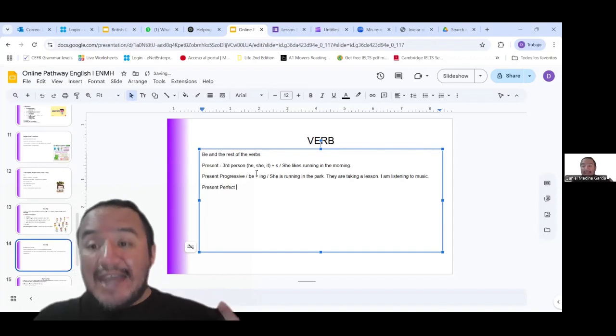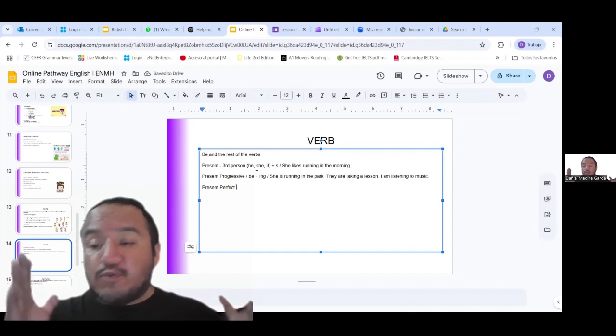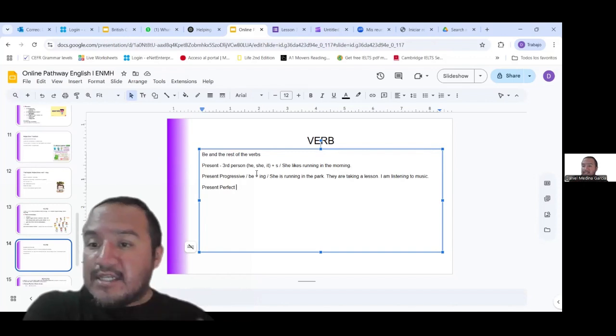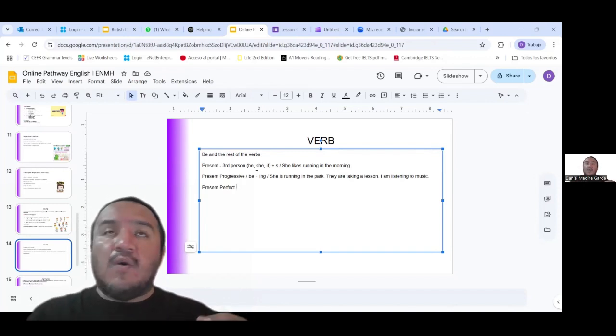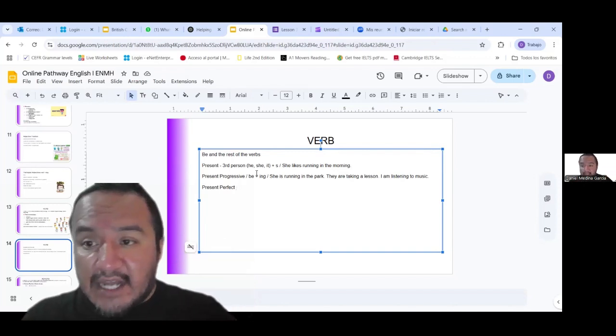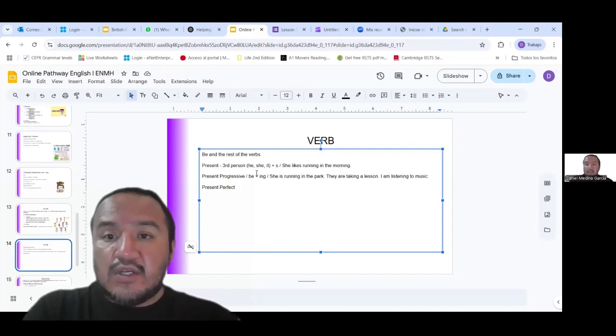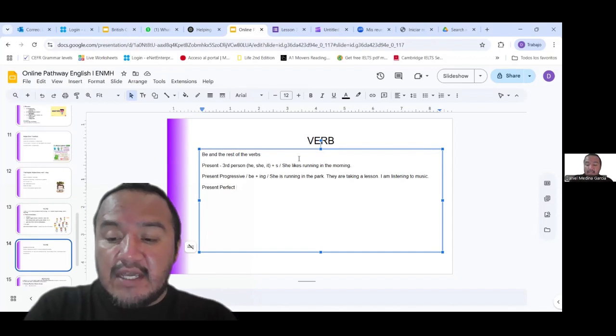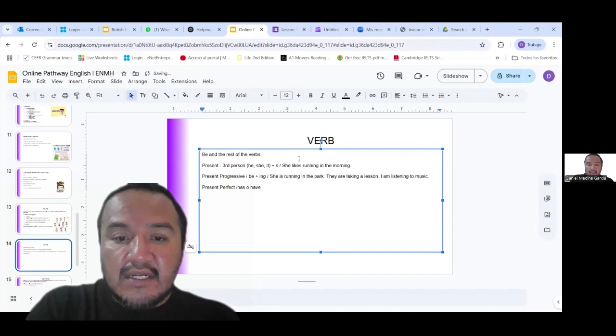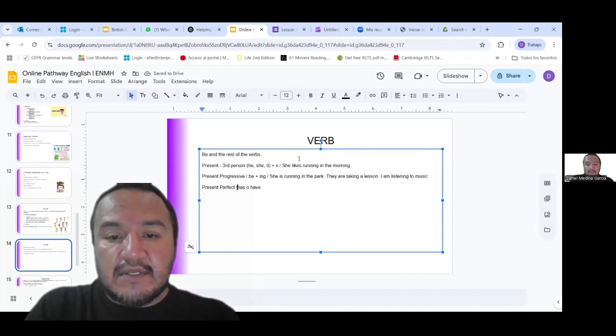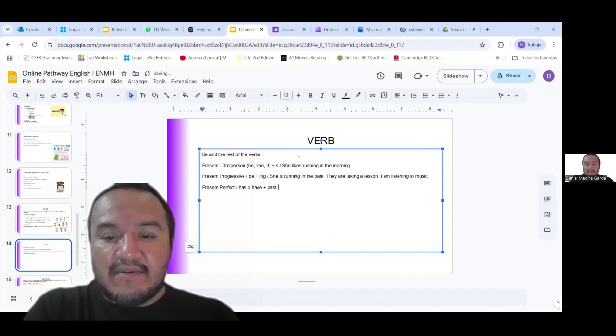Present perfect talks about actions in the past that recently finished, or actions that started in the past and continue up to the present, or the number of times that I have performed an action. So here I am going to have my auxiliary has or have, again depending on the third person singular, plus the past participle.